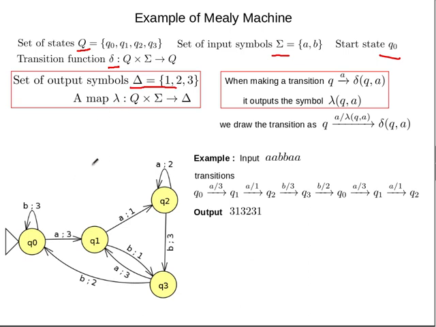But now, how do you decide when to output what output symbol? You need to consider a transition. These transitions are already labeled by input symbols, like in a DFA. On B, you make a transition from Q0 to Q0. On A, you make a transition from Q1 to Q2. But these transitions are now also telling you what output symbols to emit.